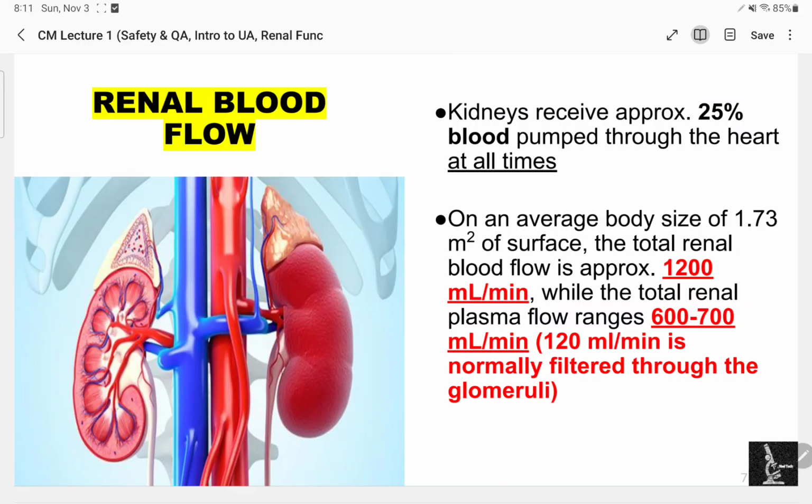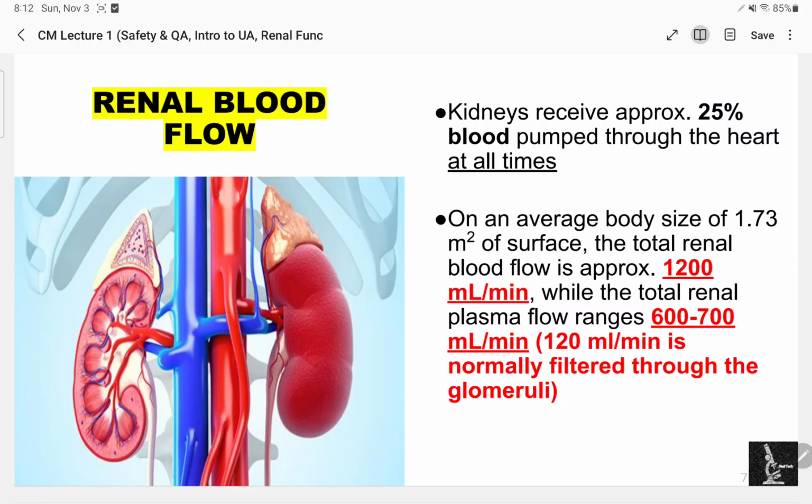So on that basis, the total renal blood flow is approximately 1,200 milliliters per minute. The total renal plasma flow ranges around 600 to 700 milliliters per minute.